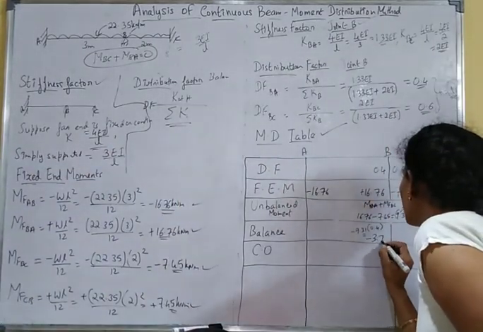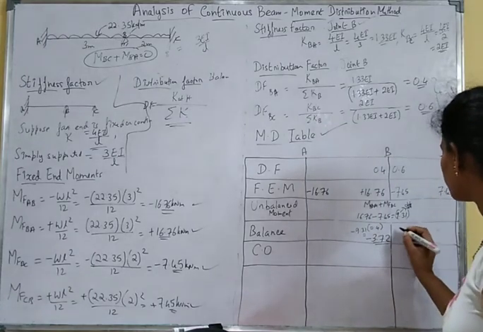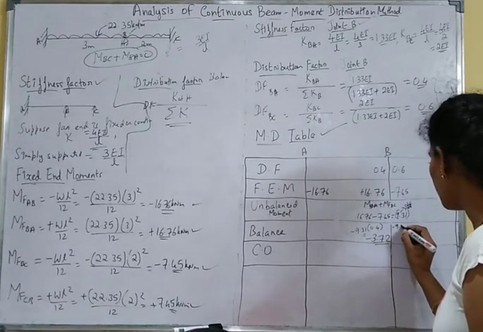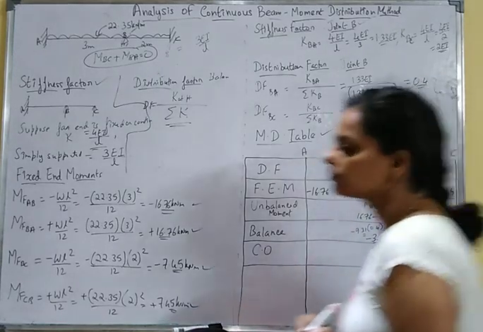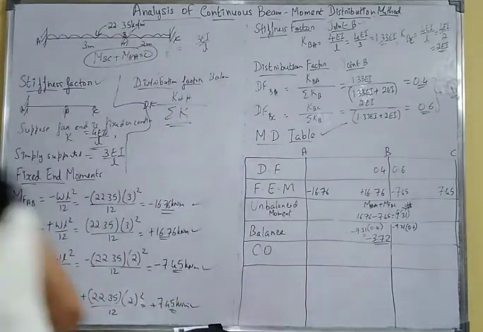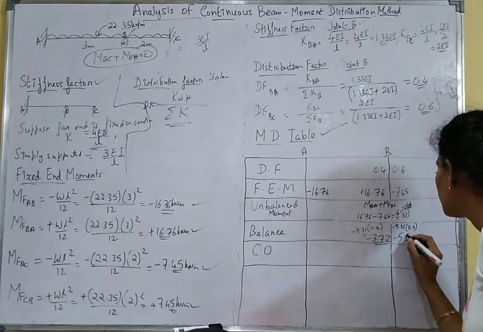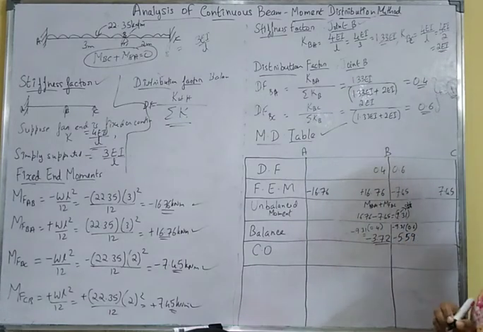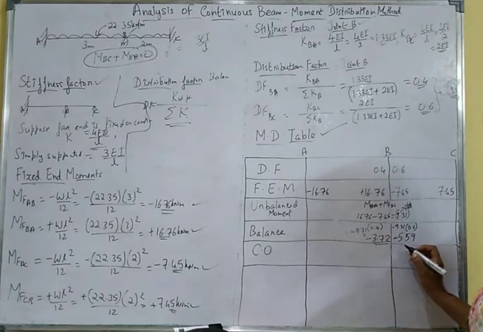And for BC, minus 9.31 into the distribution factor 0.6, you will have minus 5.59. Okay, this is your balanced moment.